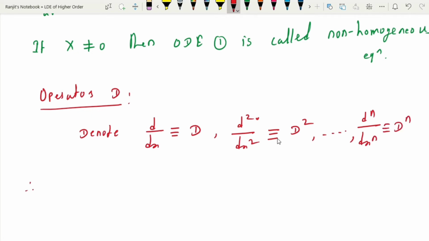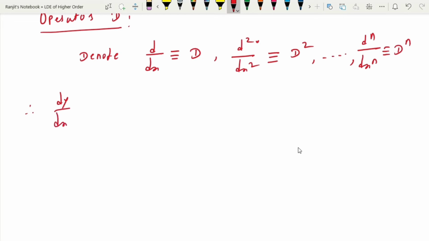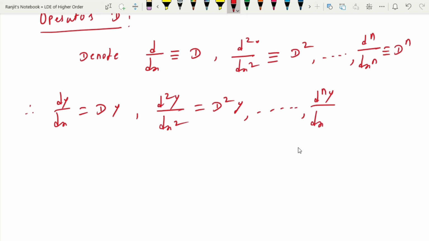So dy over dx is equal to Dy, d^2y over dx^2 is equal to D^2 y, and d^n y over dx^n is equal to D^n y. Here the symbol D is a differential operator.